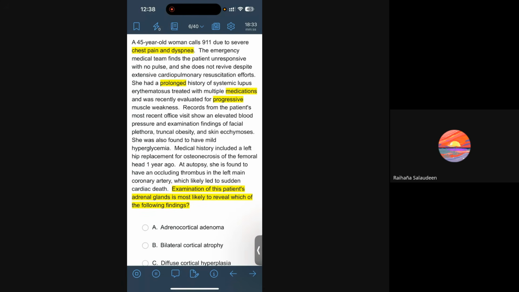Exam shows elevated blood pressure, facial plethora, truncal obesity, skin ecchymosis, hyperglycemia. Left hip replacement for osteonecrosis of the femoral head 1 year ago. Autopsy shows an occluding thrombus in the left main coronary artery, leading to sudden cardiac death.